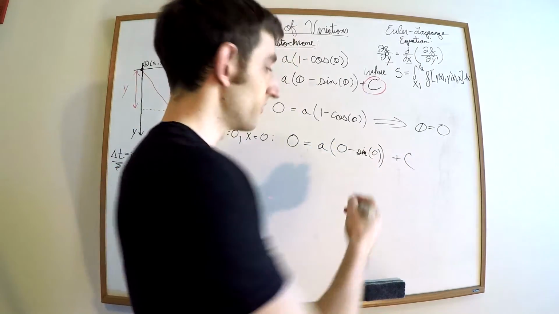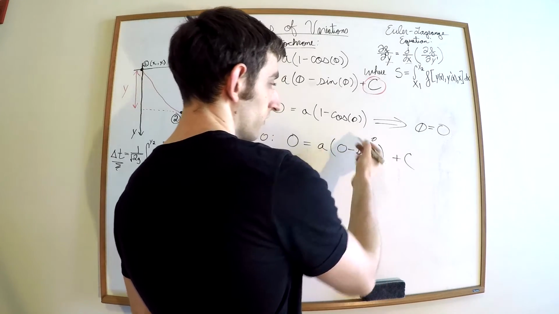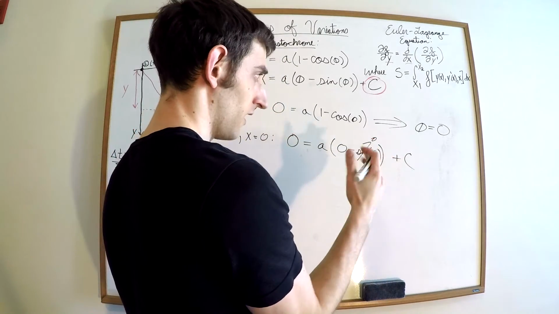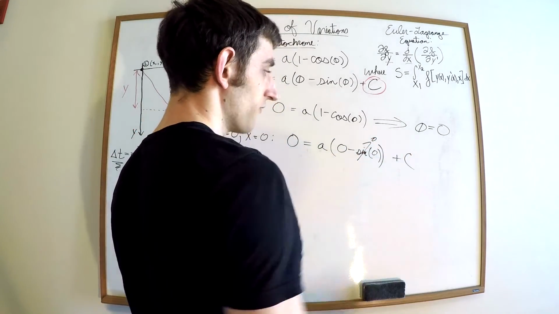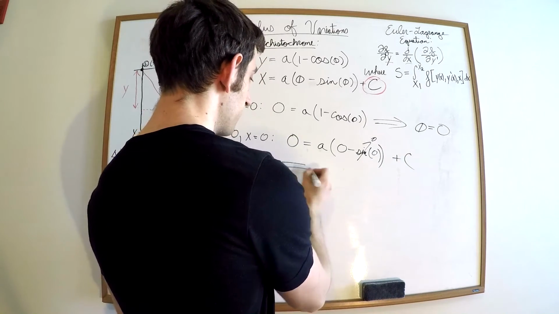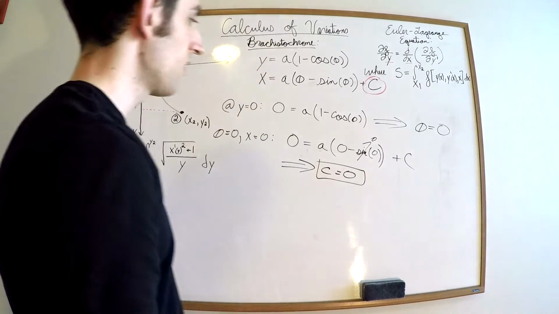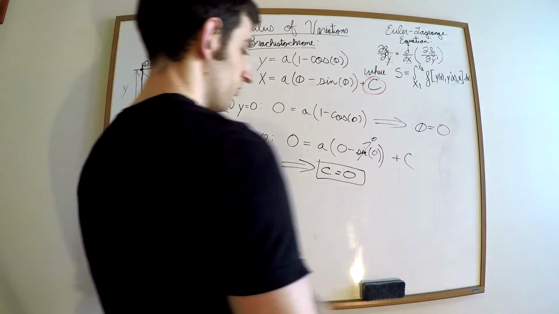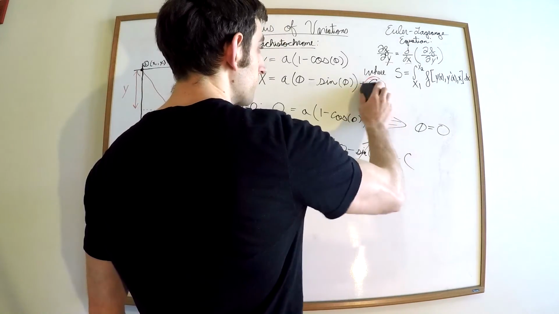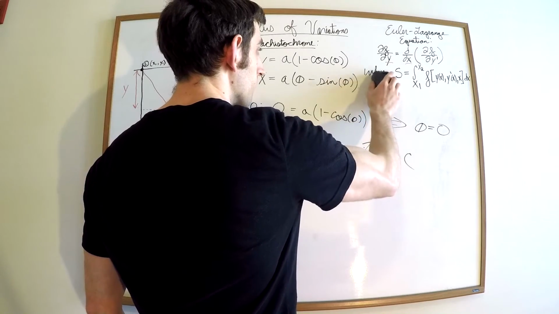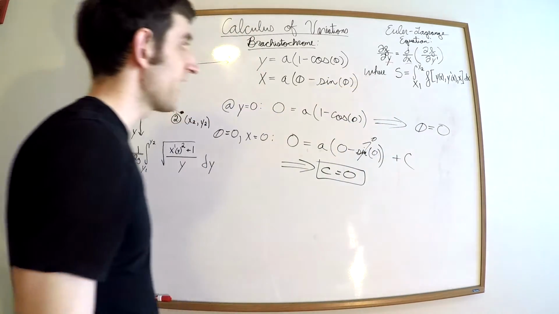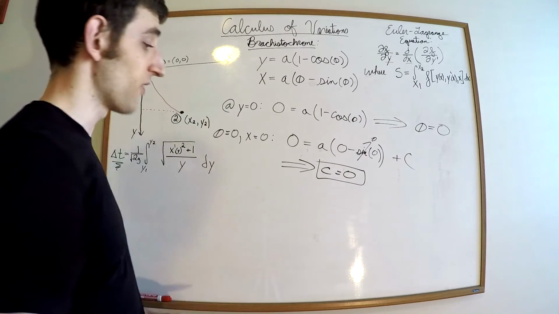Well, sine 0 is 0, right? So this whole thing is 0 here. And then we can solve for c. So after that, we find that c is 0. Bam, we solved what we're looking for. So this guy just drops out. And now we have the exact solution to our problem.